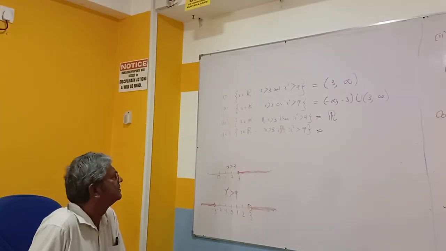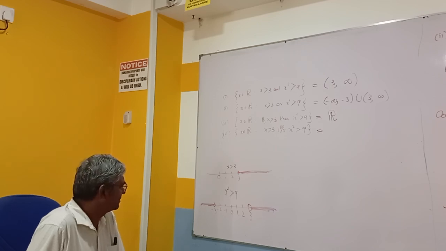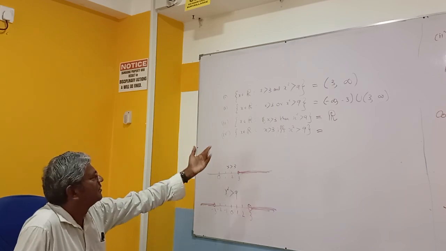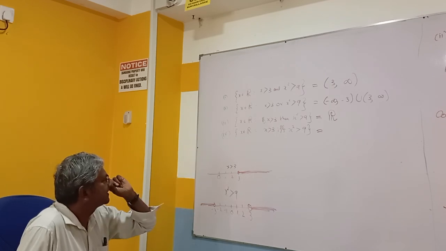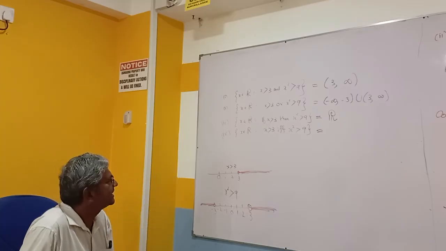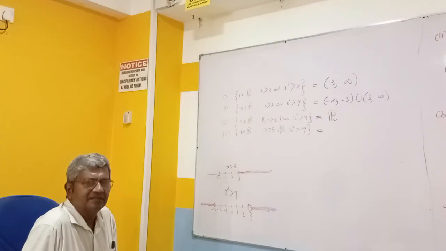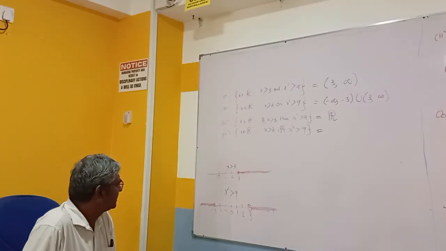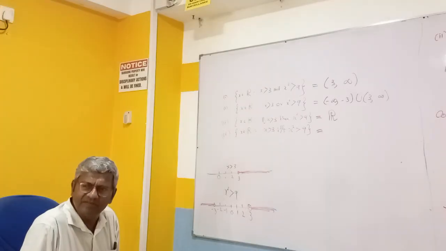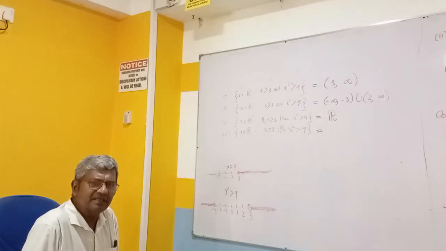That cannot be true. If you take 0, 0 greater than 3 and 0 greater than 9 are both false. So he says everything from minus 3 to infinity, including minus 3. That's what he is saying.